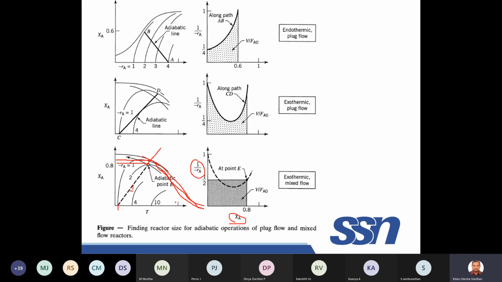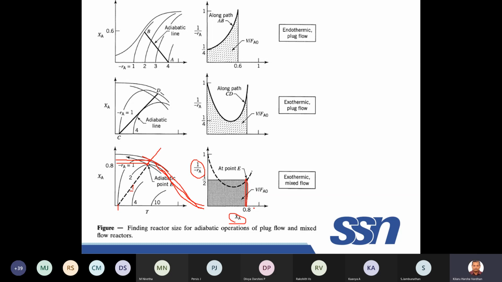Then in this particular problem, they will tell you whether 80% conversion is required or whatever it is. So whatever conversion you require, if it is 80%, then draw a line, right? Even for PFR, it is the same.